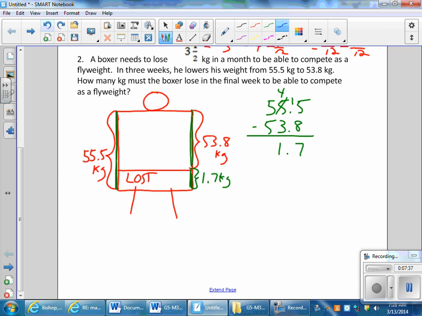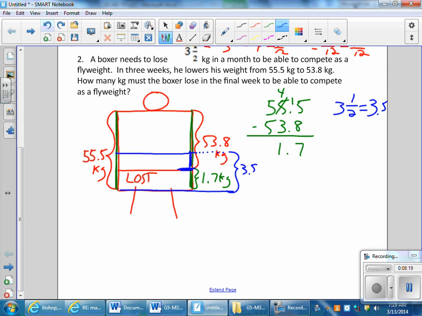However, the boxer wants to lose 3.5. Now I know that 3.5 is equal to, in decimal form, 3 5/10. That's 3.5. 5 out of 10 is just like 1/2. So it's got to be somewhere up here. All right. This is what he wants to lose altogether, 3.5 kilograms. He's only lost up to here, 1.7.